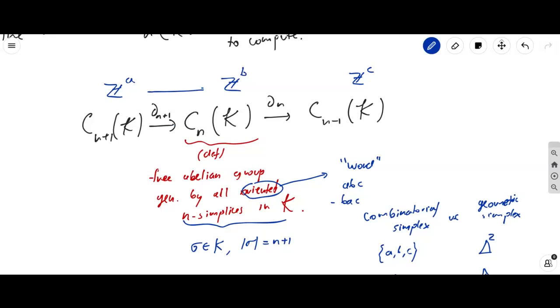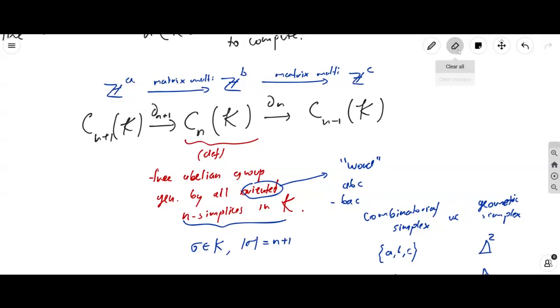And then the maps between them, in the context of linear algebra, you can just say that this is like matrix multiplication. We did an example in the last lecture where we saw that when you try to compute the simplicial homology, it leads to essentially a linear algebra problem. I say essentially because it's not typically what you think of as a linear algebra problem. This is not the real numbers, but it's sort of the same idea.